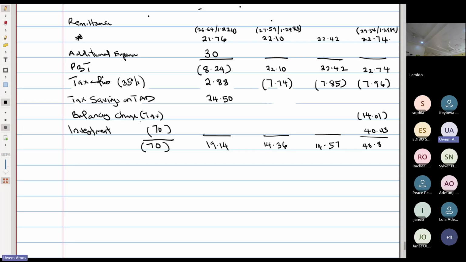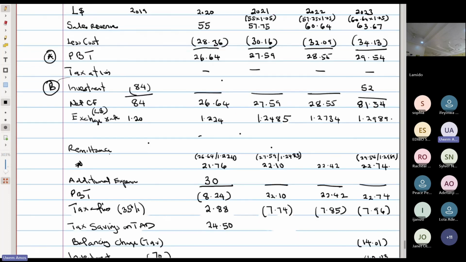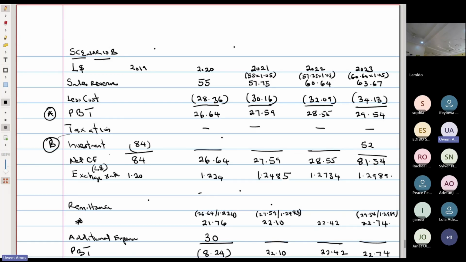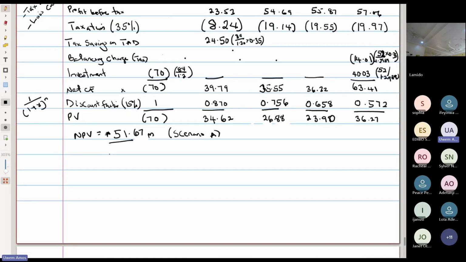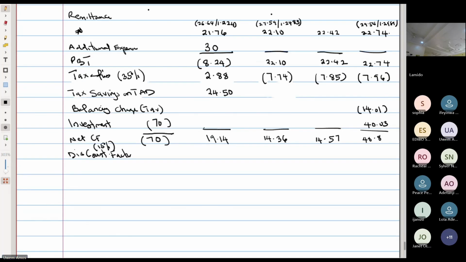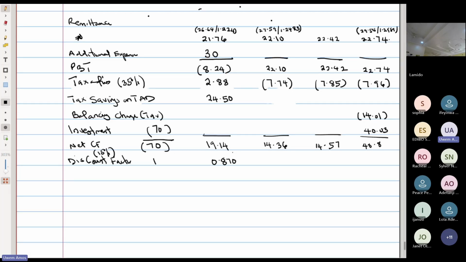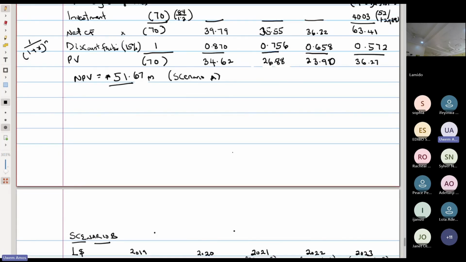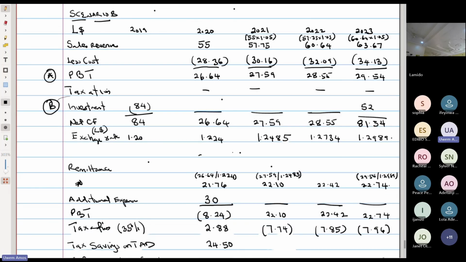Okay, so let's bring in our discount factor then. So we're just going to copy the exact same thing under scenario A because that does not change. So we're just going to copy the discount factor that we had under scenario A. So the discount factor 0.870. The next one, 0.756.